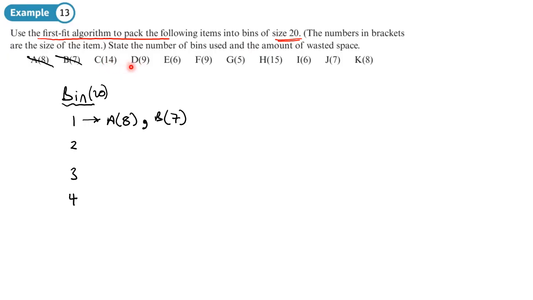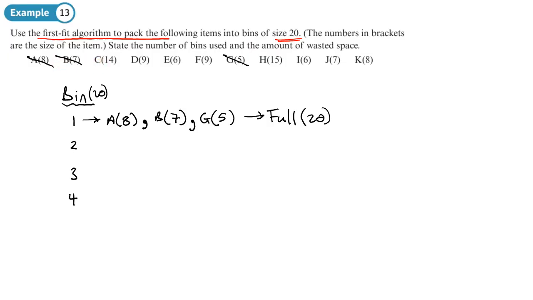So 14, 9, 6, none of these are going to fit. The next one that fits is the item G. That will now take the bin up to size 20. So this bin is now full because we've used a full 20 on that one, so we'll cross off that. And then we go back to the start again.